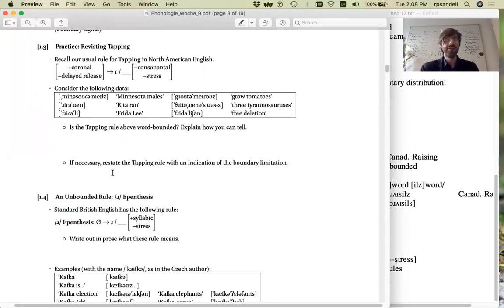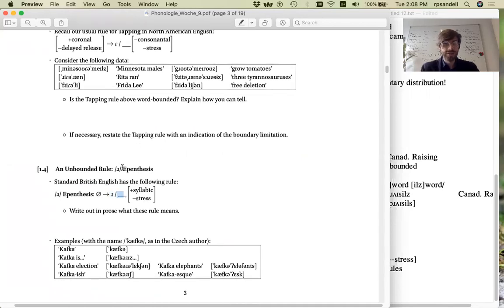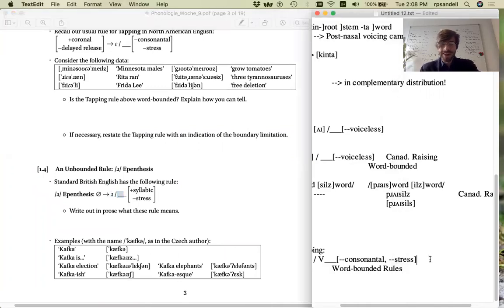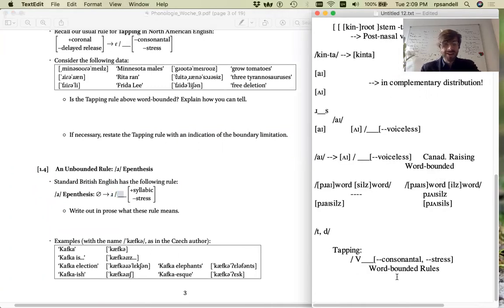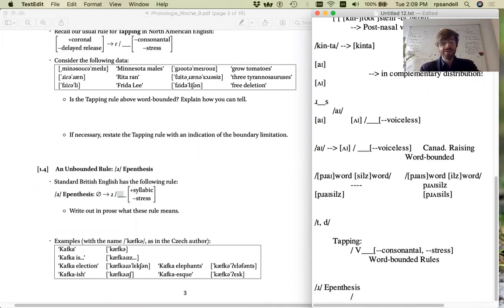This rule says that a rhotic consonant, r, will be epenthesized, so inserted, after a vowel. In British R epenthesis, we have epenthesis of this rhotic when a vowel precedes and another stressless vowel follows.